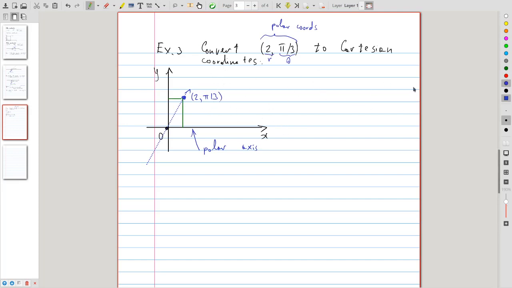And so the question is, how do we determine this length, which is equal to the x-coordinate of our point, and this length, which is equal to the y-coordinate of our point?